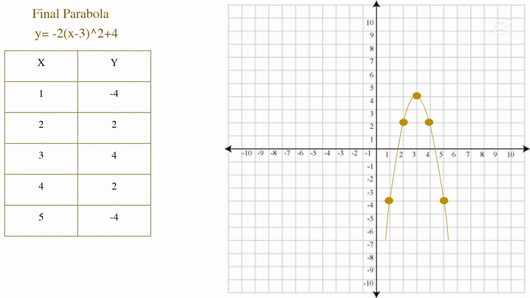You also have the vertex, which is the tip of your parabola, which for mine is (3, 4). And you also include your axis of symmetry, which is where your parabola is symmetrical, and mine is on the x-axis, at x = 3.